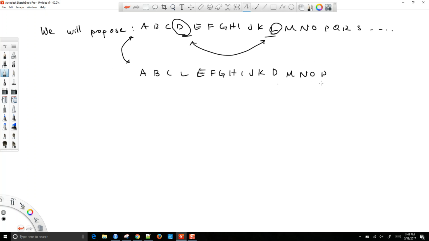If this is our current state, we ask what we are going to propose next. We can propose all sorts of things. It's just as likely to propose this one as it was to propose this way. Okay, so the probability of proposing is symmetric.